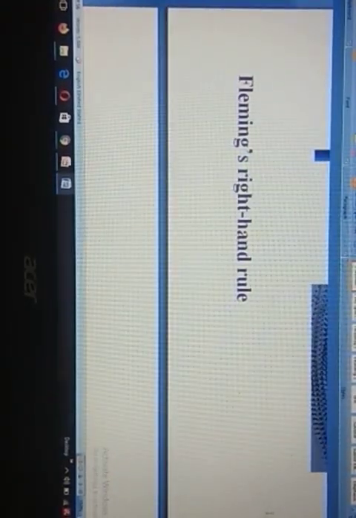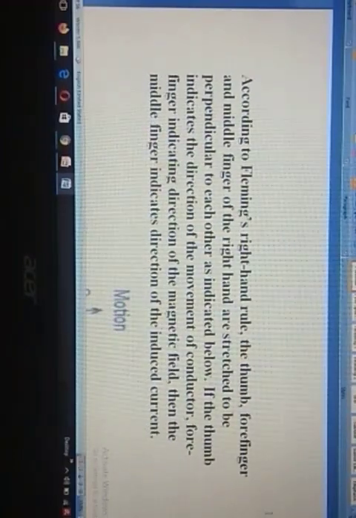We have to learn about Fleming's right hand rule. In Fleming's right hand rule, the thumb, forefinger and middle finger of the right hand are stretched perpendicular to each other.